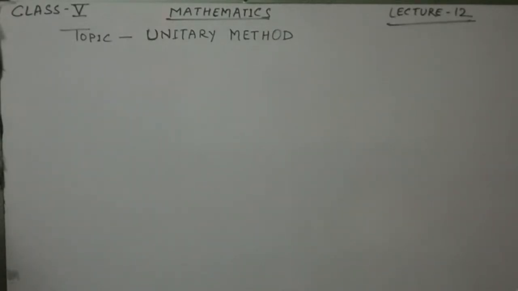In short, the method of finding the value of an article by division and then finding the value of more articles by multiplication is called the unitary method.